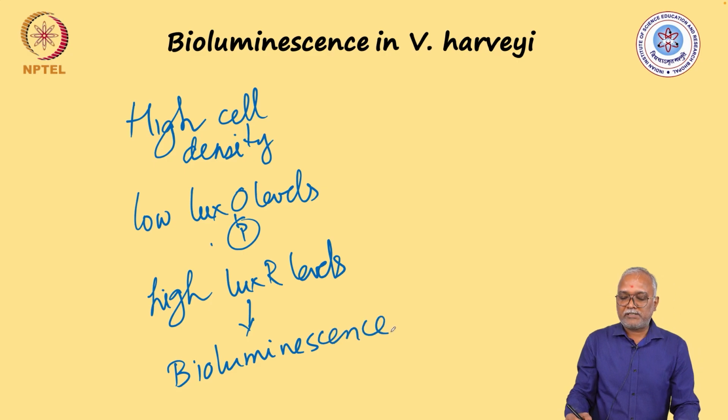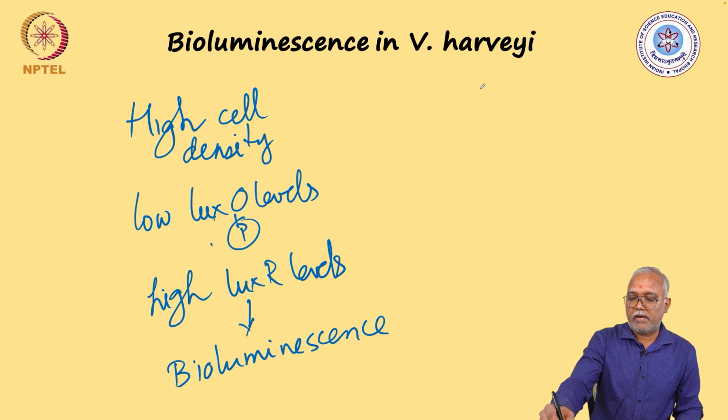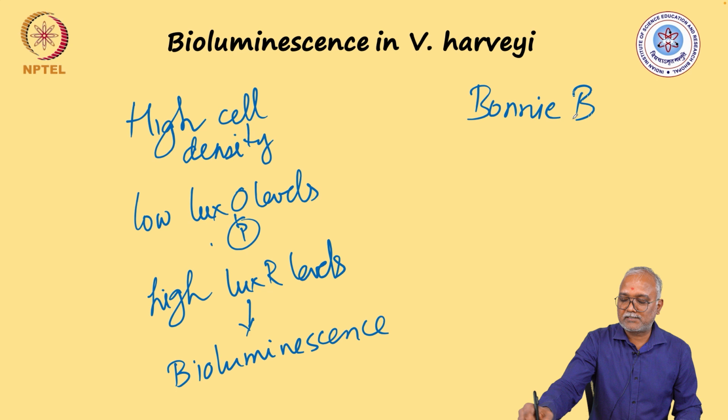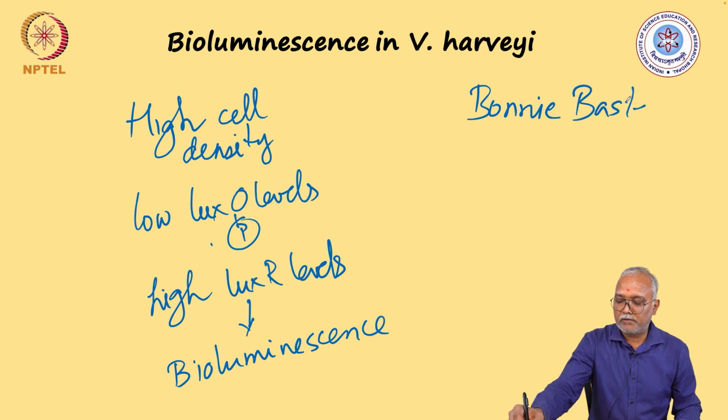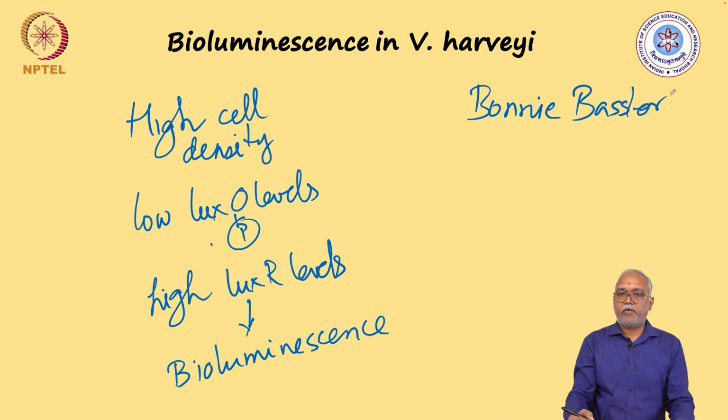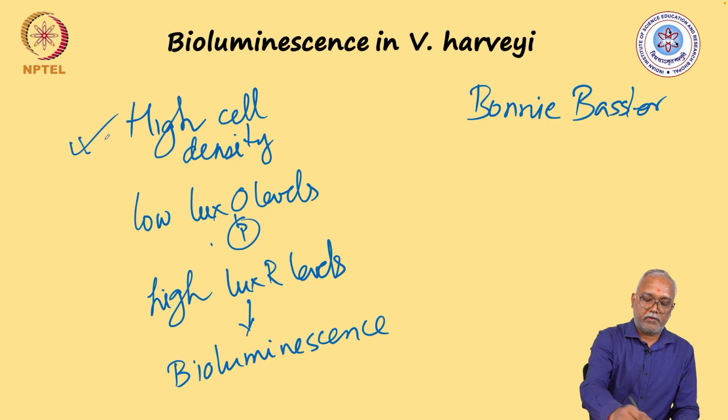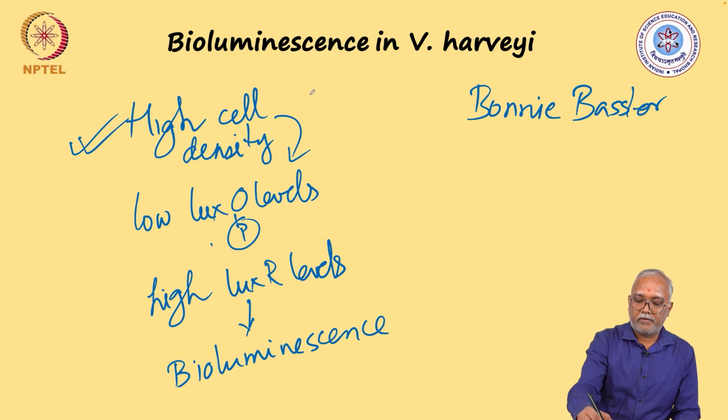You may like to go and see the work done by Dr. Bonnie Bassler on these species of the Vibrio genus in terms of bioluminescence. So this will be the normal scenario, and also remember, at high cell density, Lux O level is low, and this is where you have the receptor as a phosphatase.